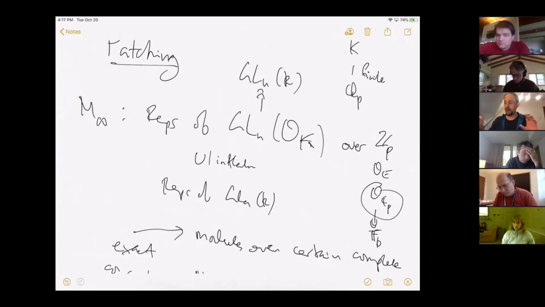Induction is a functor, but if you have two reps of GL_n(O_K), there can be maps between the inductions that don't come from maps between the representations that you induced. Those extra maps are normally what number theorists or automorphic form people call Hecke operators. And this thing is functorial for Hecke operators too. So there are even more morphisms in the category, and it's respecting those as well. Nothing that I've written is false. I just haven't written everything that's true.